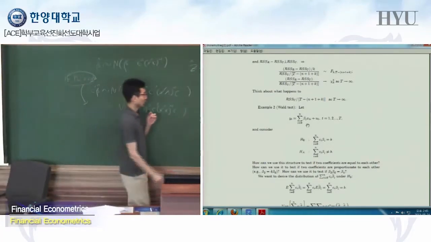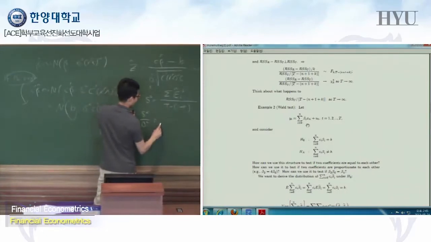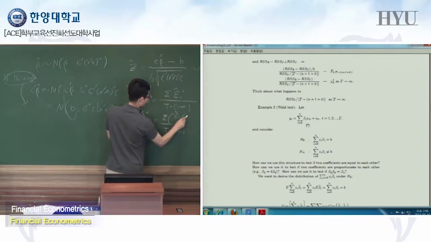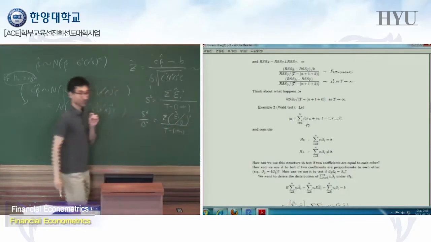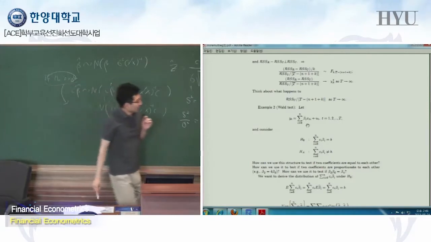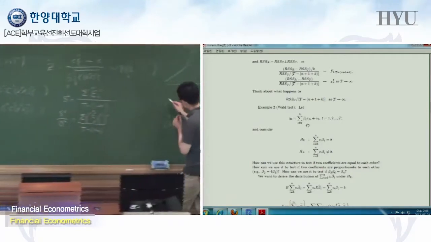Okay, and then what we have here is t minus 1 plus n, and then the summation of epsilon hat i over sigma, squared.